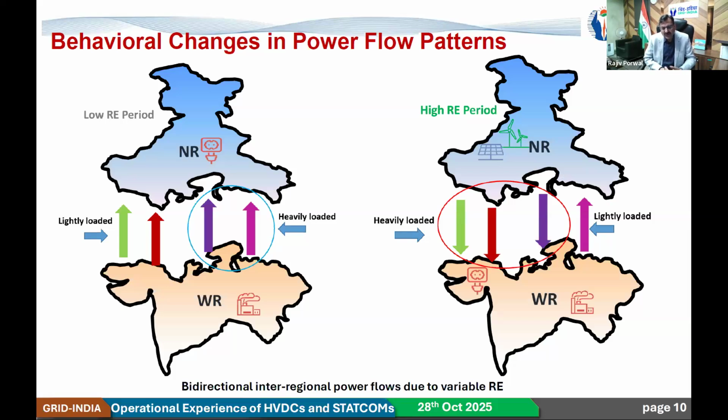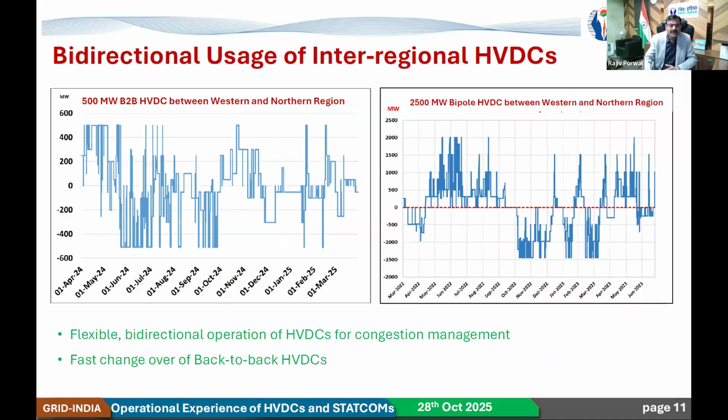But now with the advent of renewables, this has changed and the direction of flow has changed drastically. Not only between the northern and western region, but in other regions as well. So these have been the flow directions of different HVDCs, which we keep changing daily, seasonally or annually.